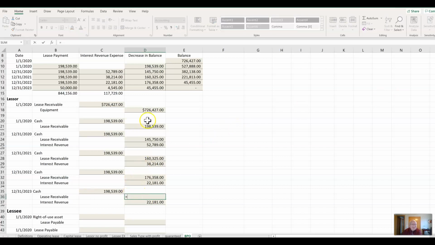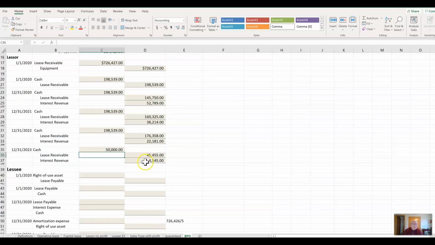I got in the wrong line. This is the last one, sorry. Oh, this is a 50,000 one. Okay, I really messed that up, didn't I? This should be 50,000. That's when they get the cash at 50,000, and then they still record interest revenue.